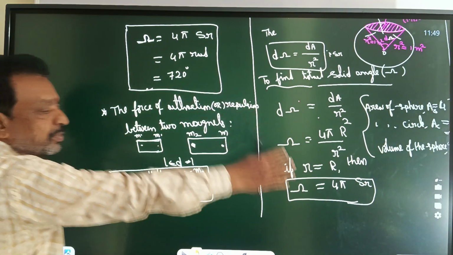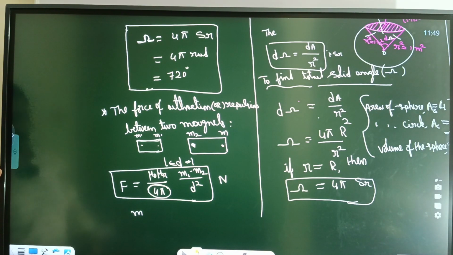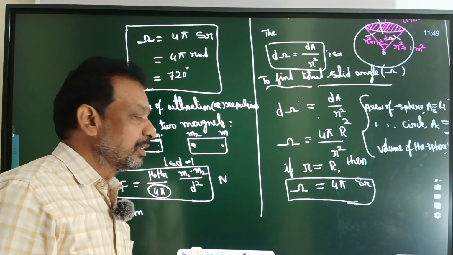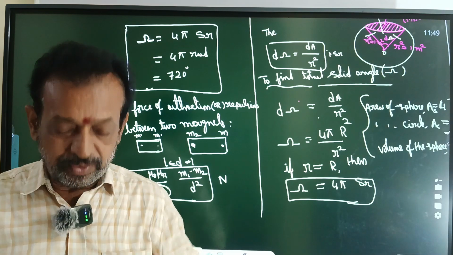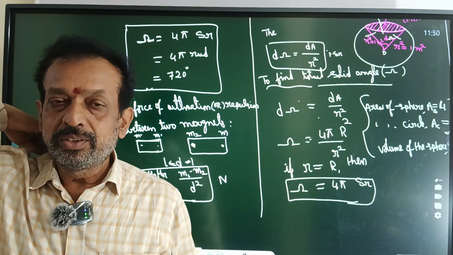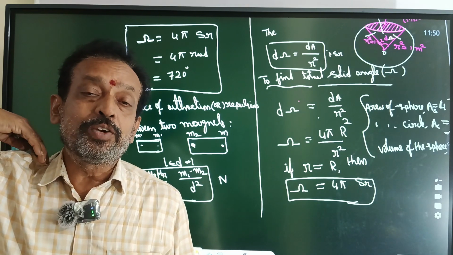I am seeing a front view plane, which is 360, but I can see the back of this also. So when I see the back also, that is 360 plus 360, 720. Myself is a solid. Front view 360 and I can see the back also.